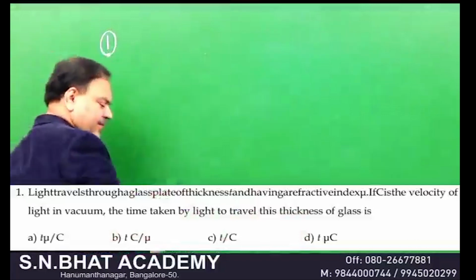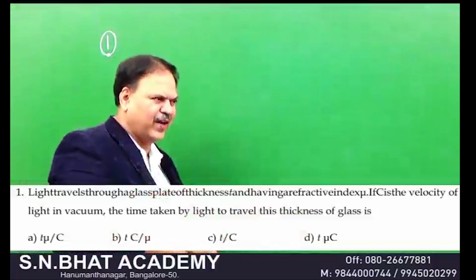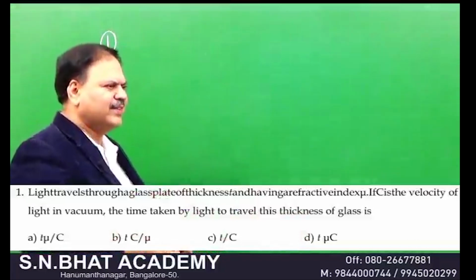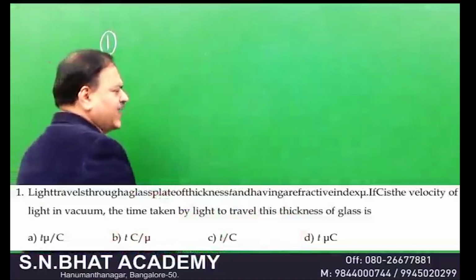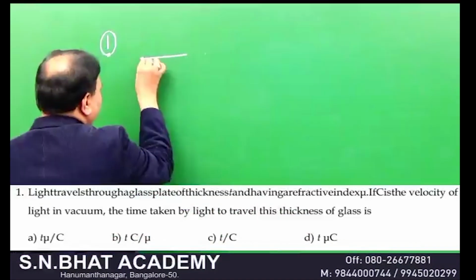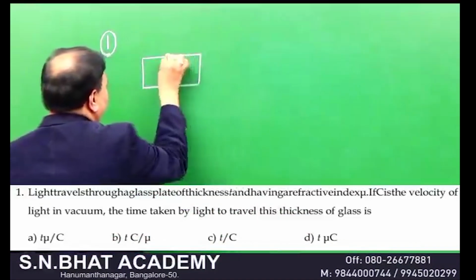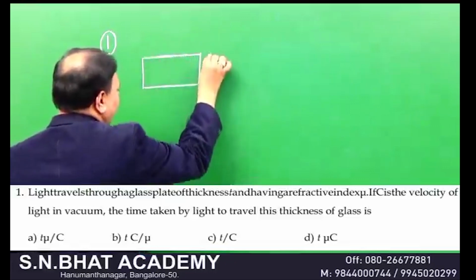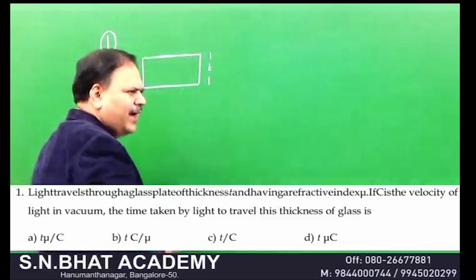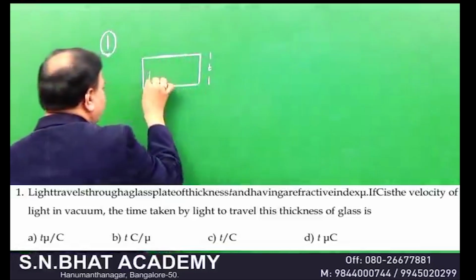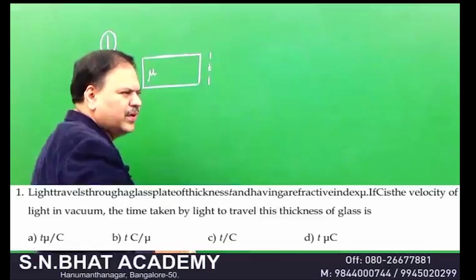Question number 1. Study that question carefully. Light travels through a glass plate of thickness T. Here is a glass plate and the thickness of the glass plate is T, and its refractive index he gives as mu.